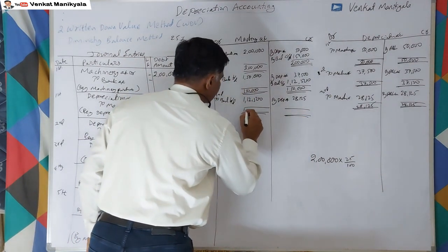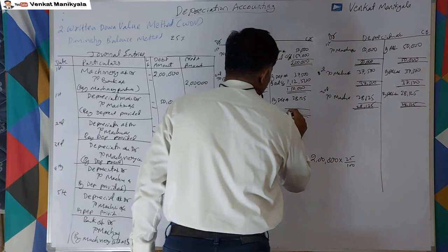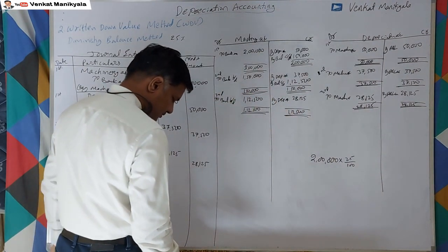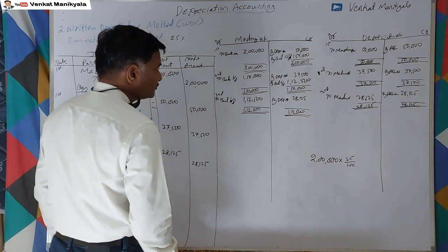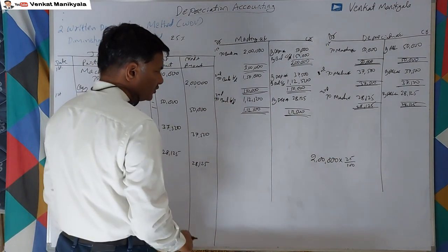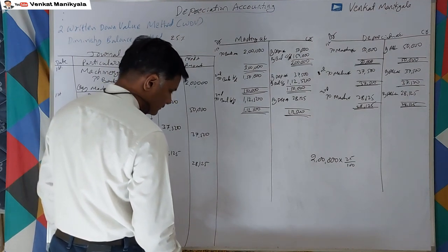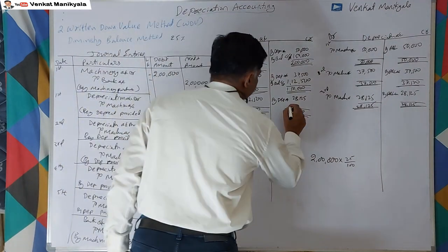While balancing, the debit balance is 1,12,500, and minus 28,125 gives 84,375.